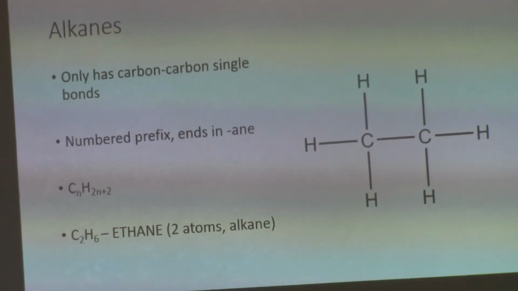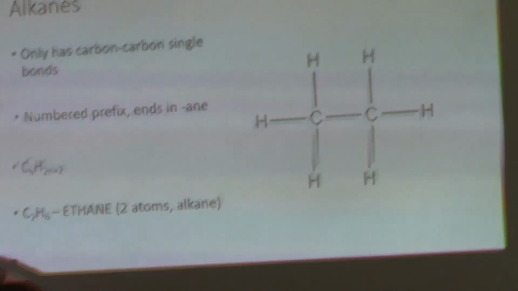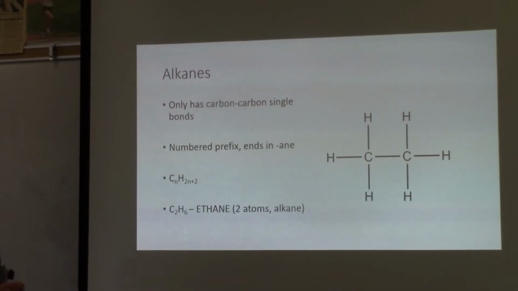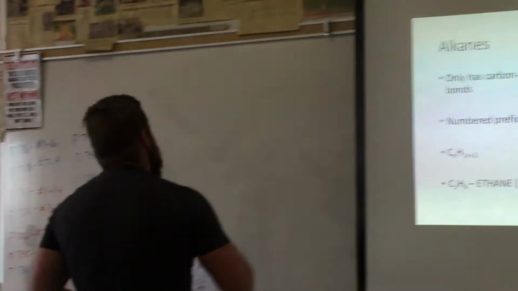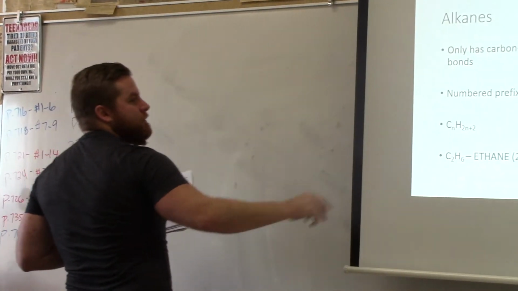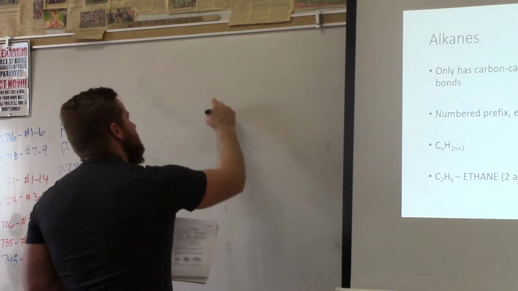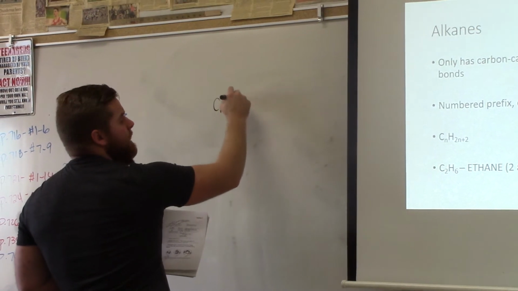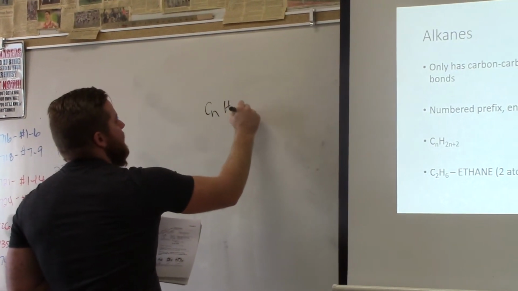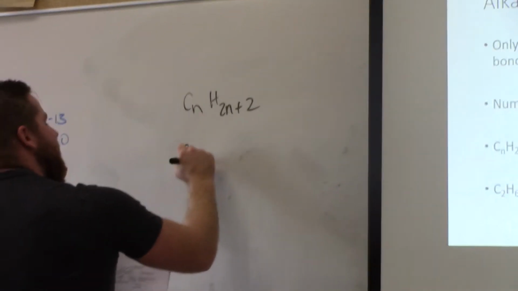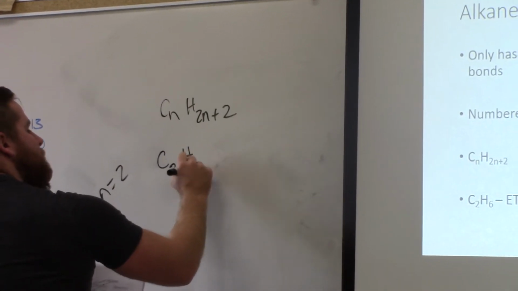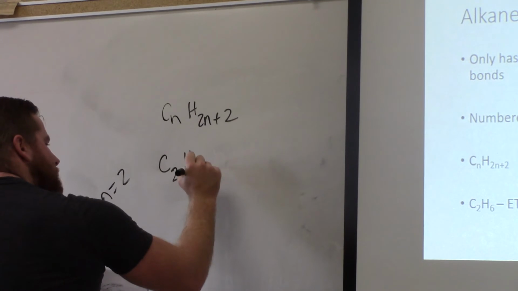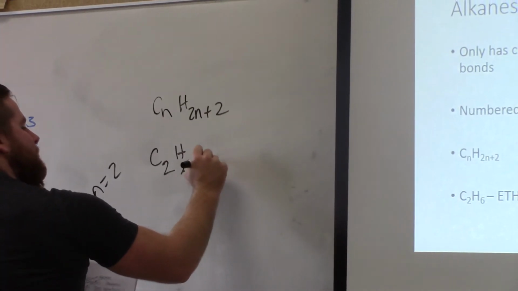So if I look at ethane, I already gave you ethane in a previous example as well, C2H6, there's 2 carbons and 6 hydrogens. So if I look at CnH2n+2, and n equals 2, that's C2H 2 times 2 plus 2.